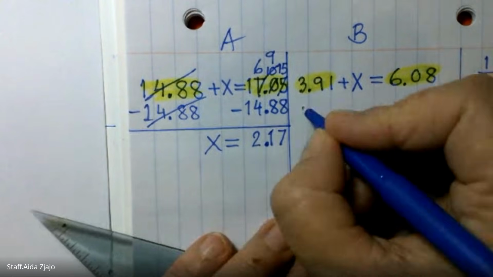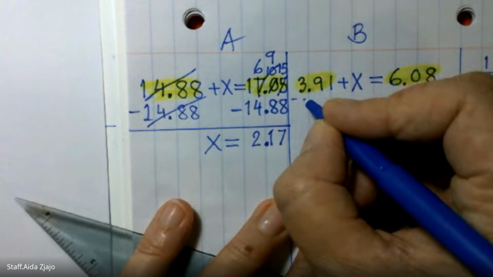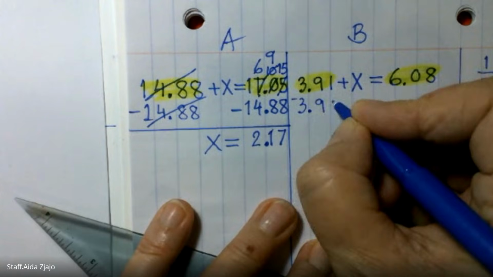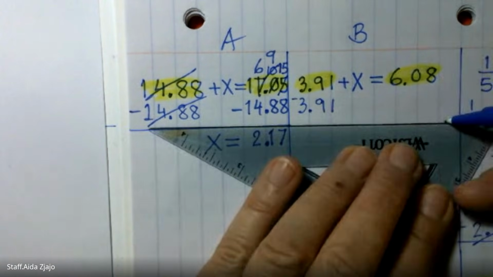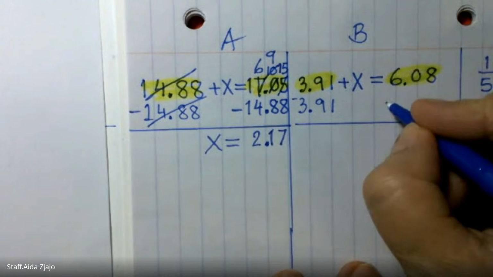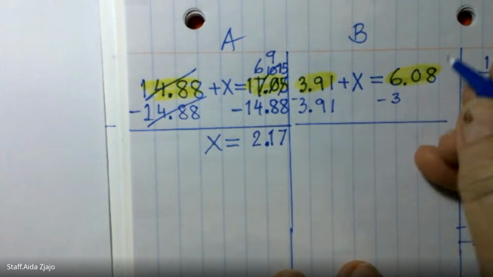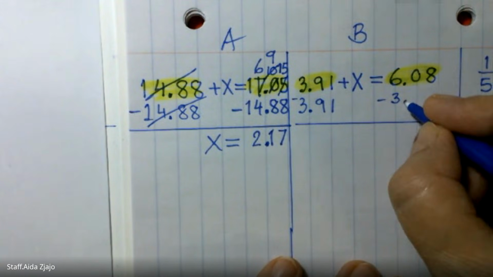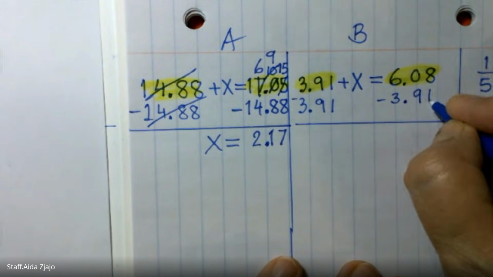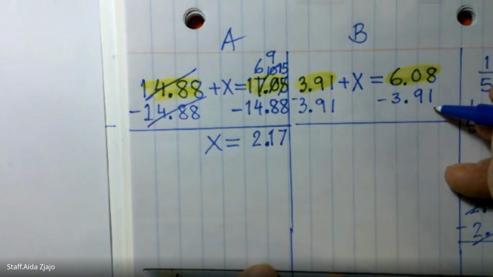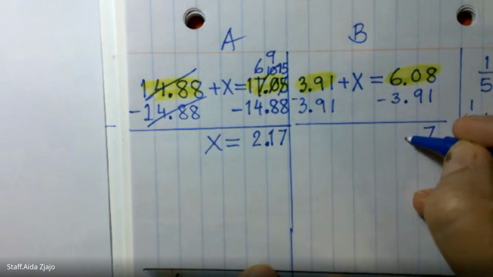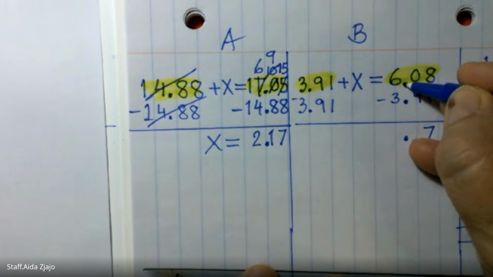Okay, let's see this one. If I subtract 3 and 91, another side also 3 and 91, I will get 8 minus 1 is 7. That amount will be on the same line.